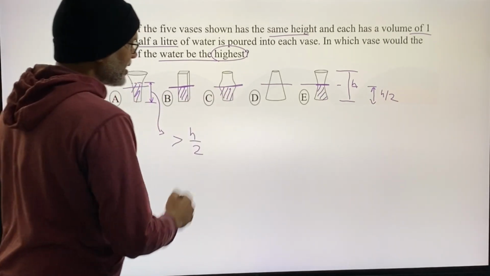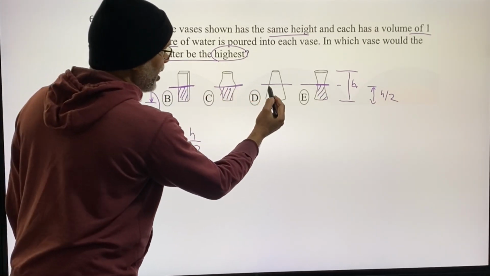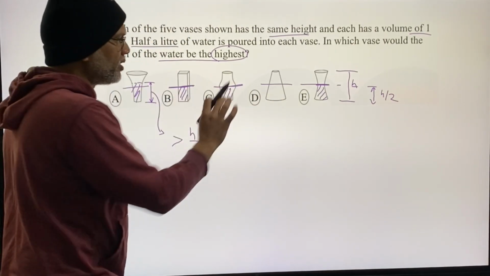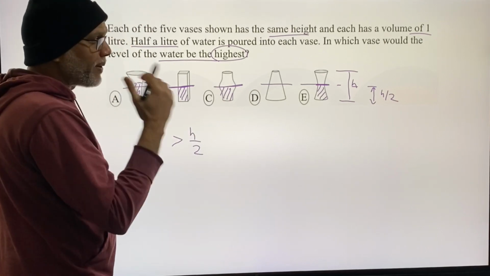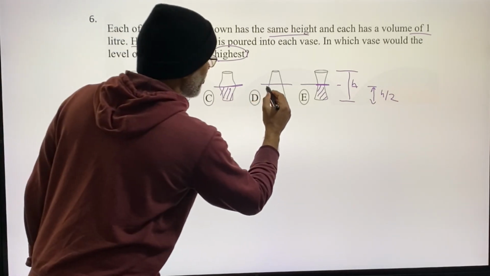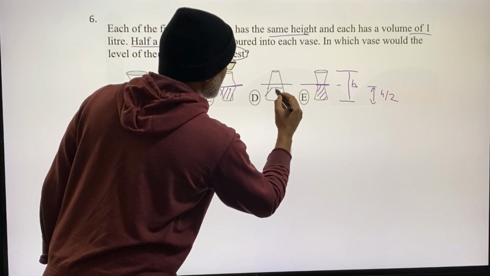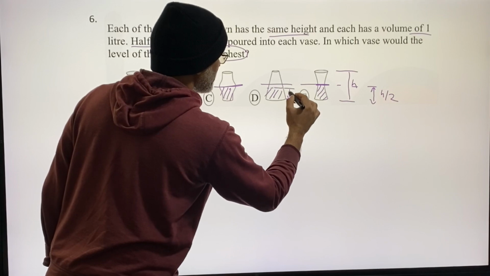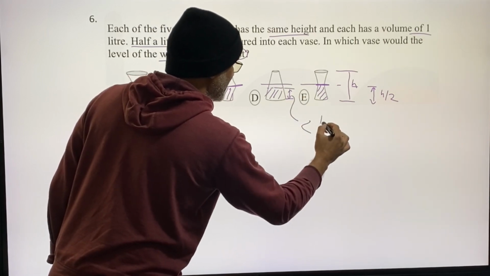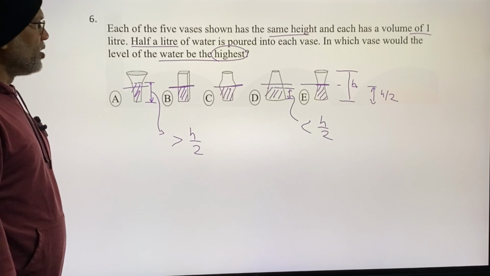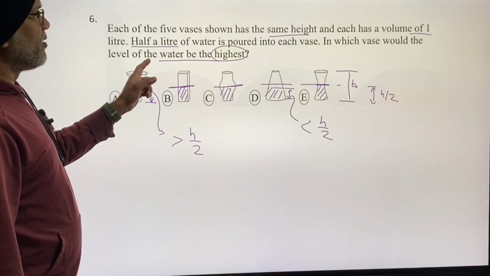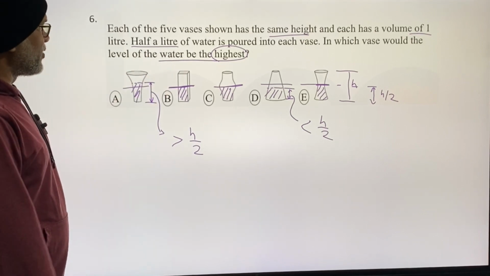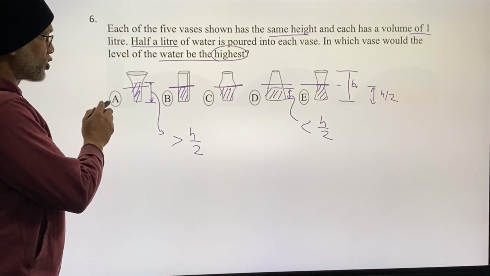Now for this case, the bottom half, h by 2, has more volume than the top, right? So if I pour half a liter, the water level will be less than h by 2, right? So this height is going to be less than h by 2. So we want the vase where the level of water would be the highest, right? Then A would be the correct choice, right?